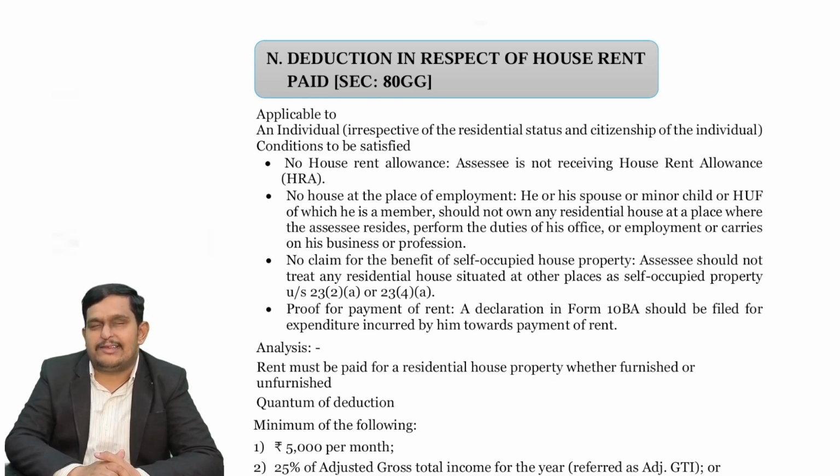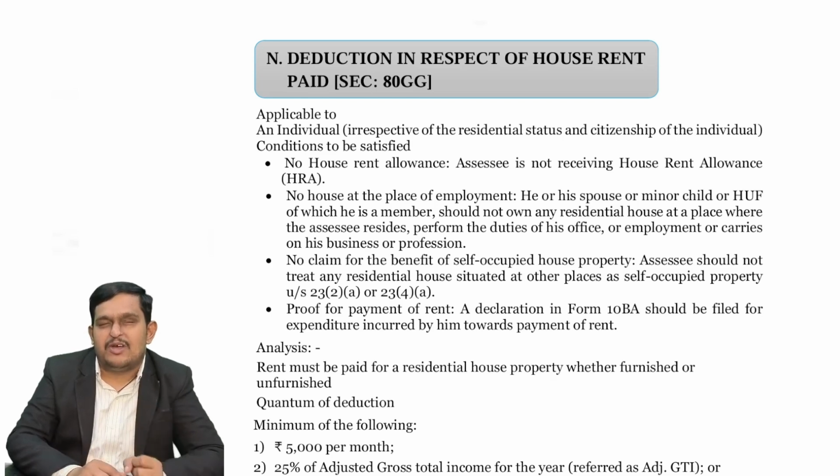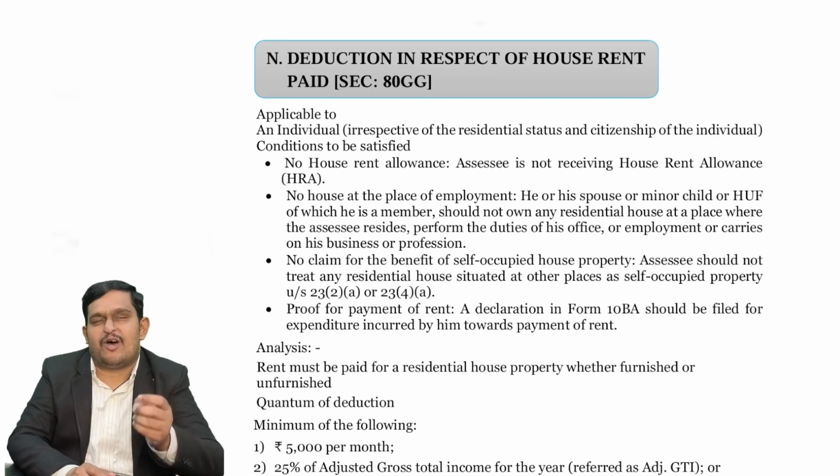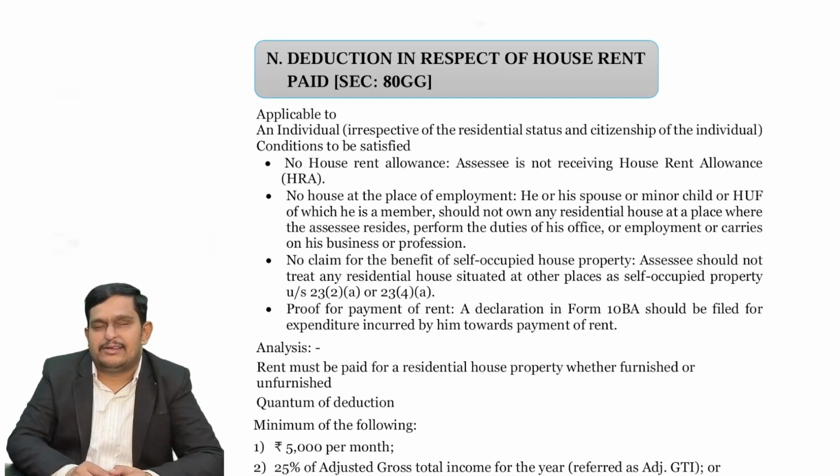He is not staying in a property which is owned by him, his spouse, his children or HUF at the place of his employment or at the place of his business or profession. He is not staying in his own property, his parental property, his family property.